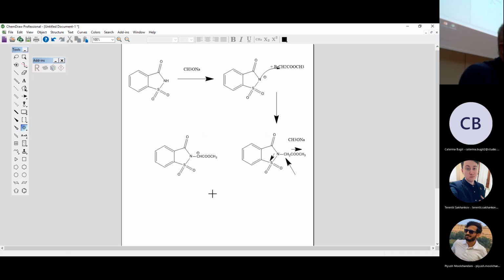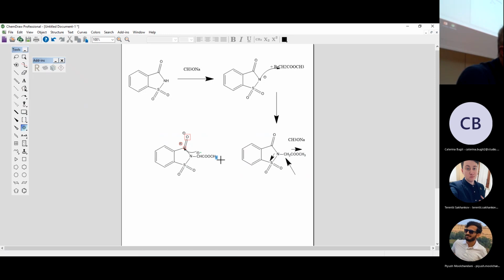At this point, this carbon with a negative charge can attack this carbonyl. If you remember, in a carbonyl group, carbon has a partial positive charge. We can put the positive here, and the negative is in this position.